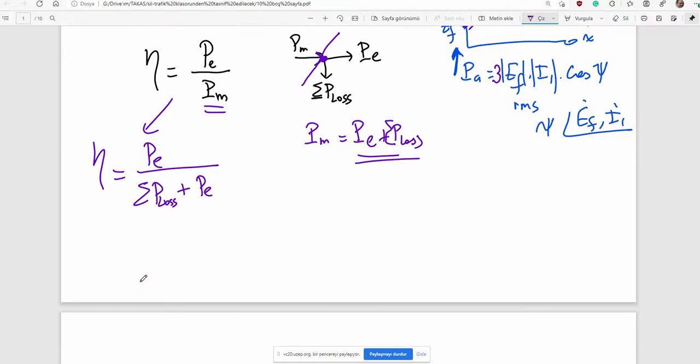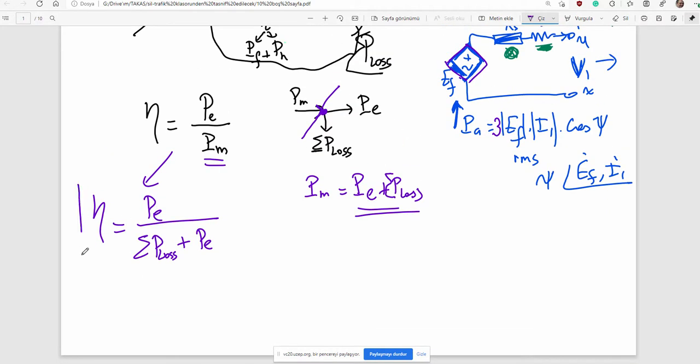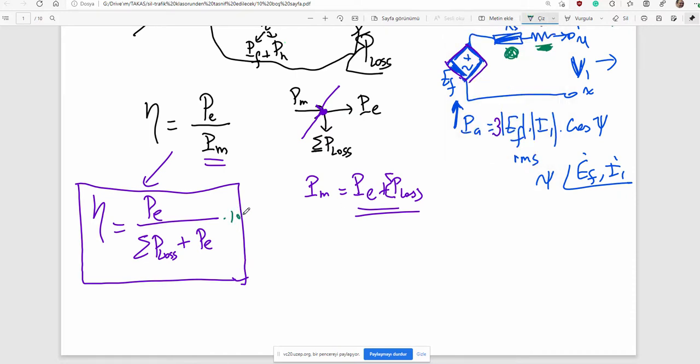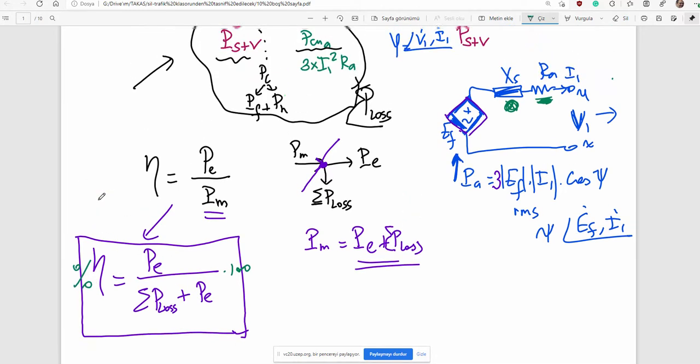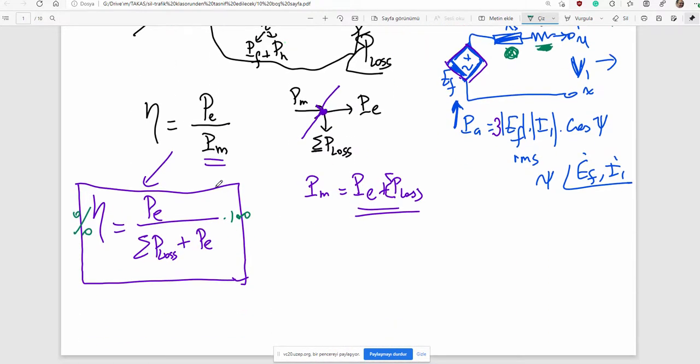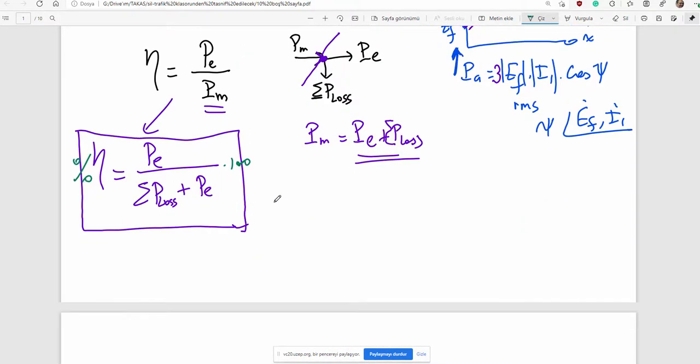That is the efficiency equation. You can simply multiply by 100 and express the result as a percentage. It is always on the desk. It is easy to find the parameters and calculate the efficiency.